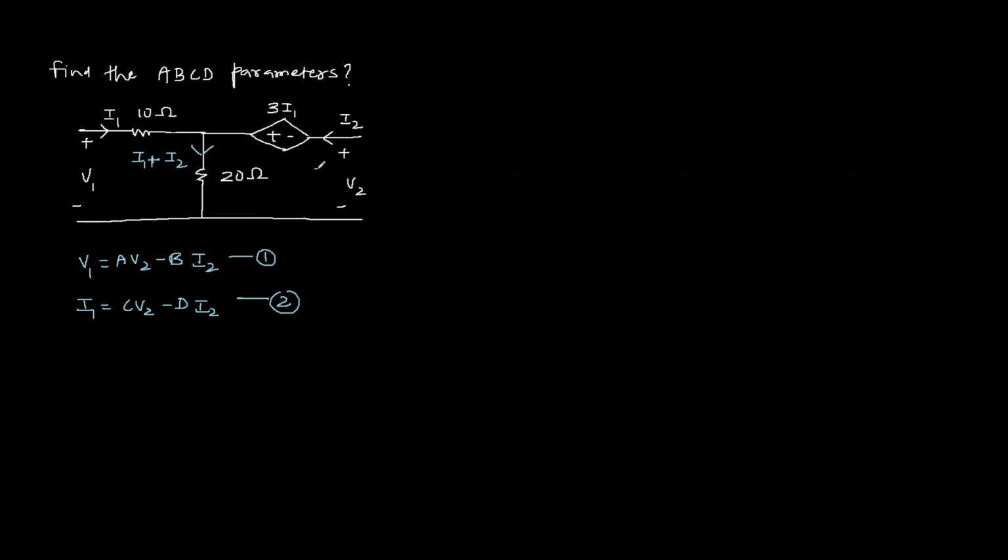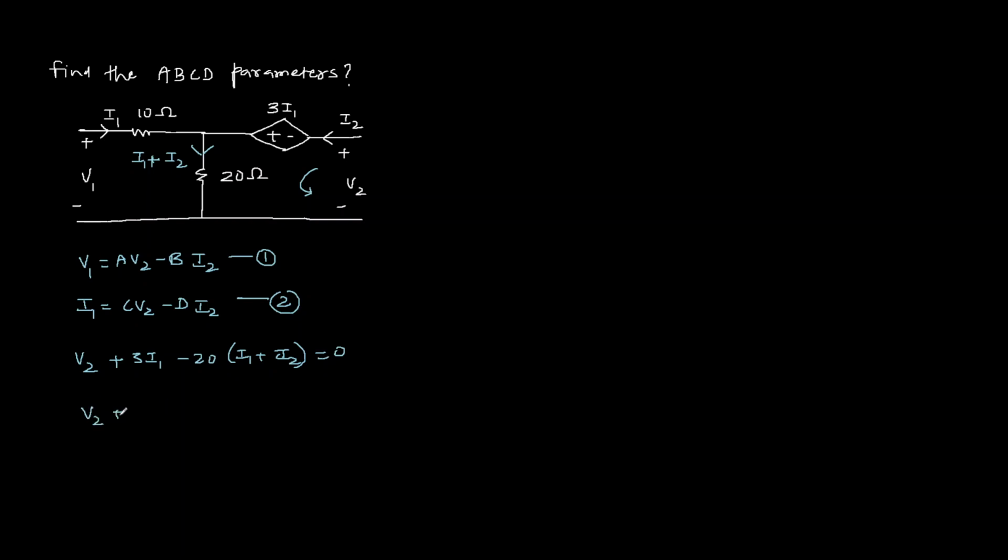Now let us apply KVL in this loop. So minus to plus, rise in voltage V2, and then rise in voltage 3I1, and then drop across this 20 ohm resistance, which is minus 20 (I1 plus I2) equal to 0.